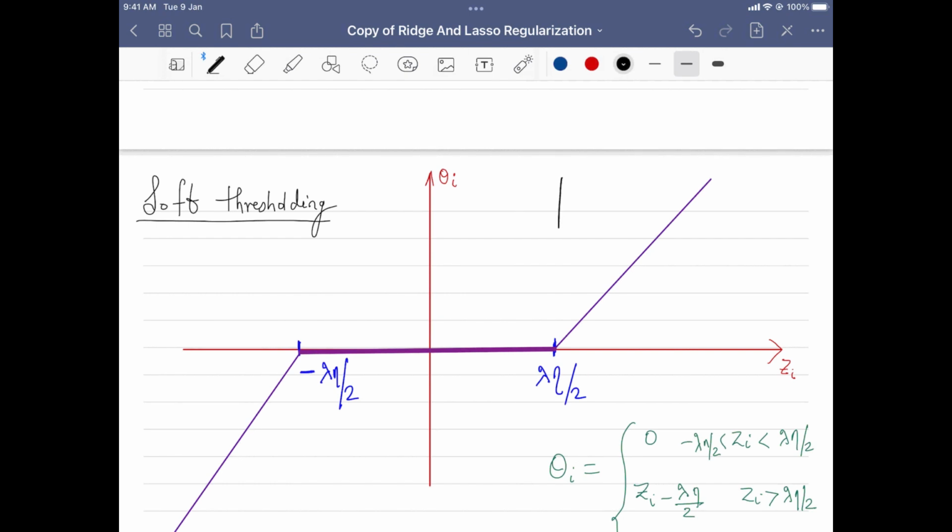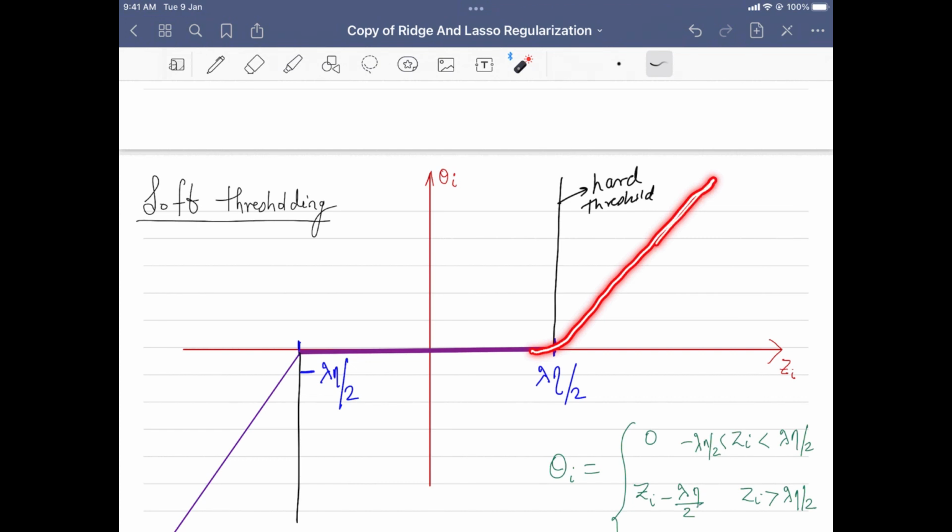If you threshold like this, then this one is called a hard threshold, because you are not allowing anything below or above this. It is actually making either 1 or 0, but this is a softer version of it. That's why it is called soft threshold, and this type of thing is hard threshold.